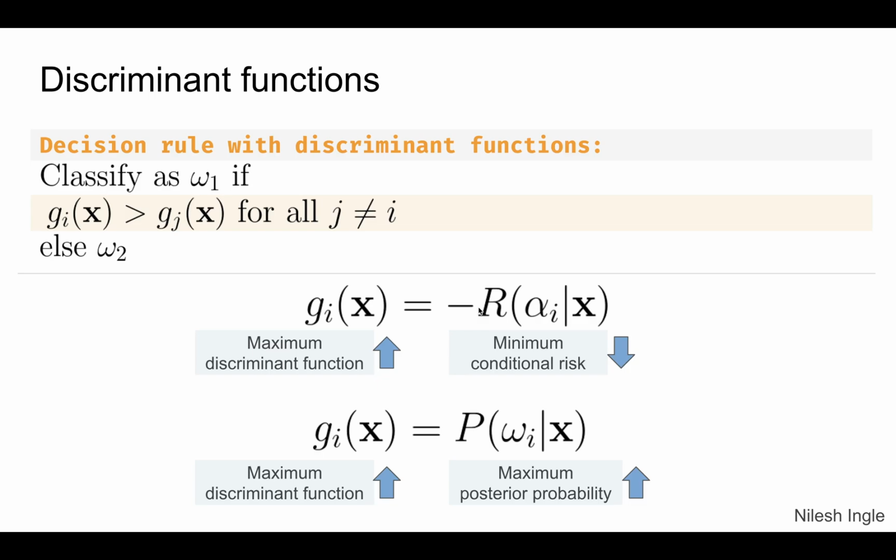They are inversely related. At the same time, we can have the discriminant function value gi of x equal to the posterior probability omega i given x. So what we want to do is maximize the posterior probability to get the maximum value for the discriminant function g.